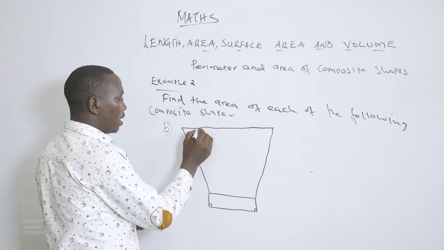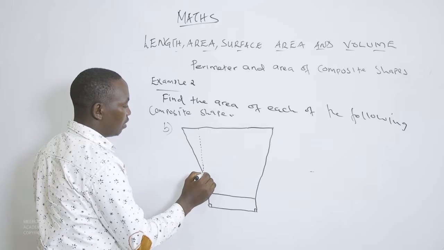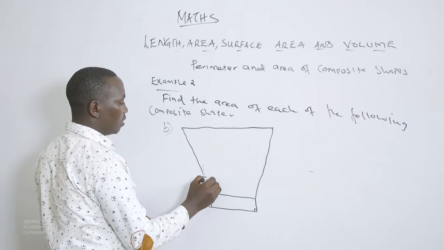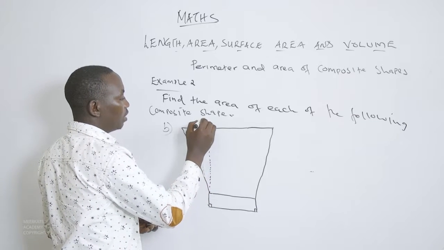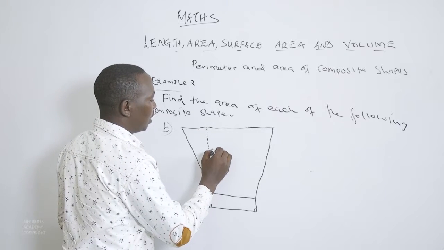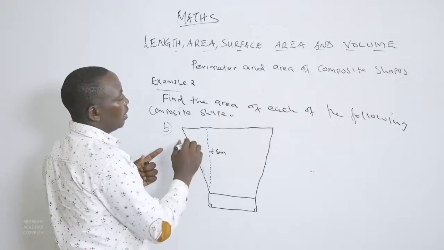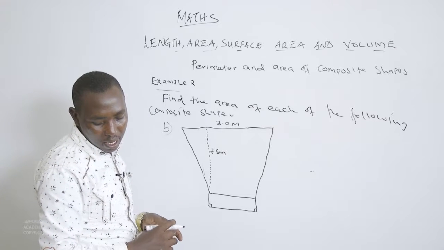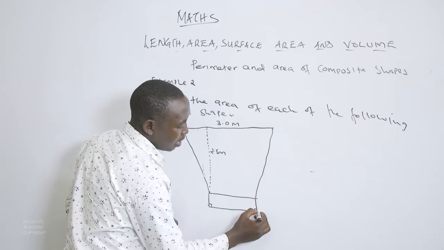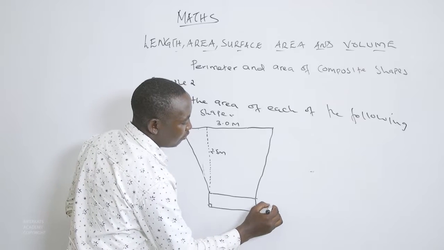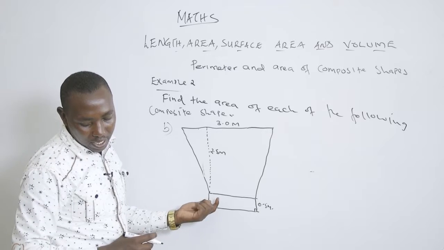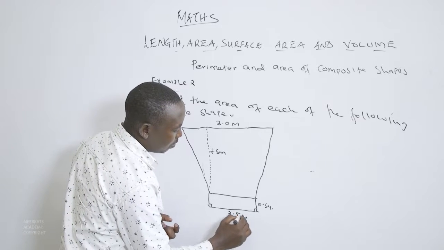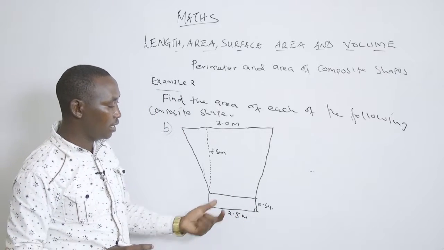We are also told that the perpendicular distance from that particular point to this particular point is 2.5 meters, and that this distance is 3.0 meters, and that this distance from here up to there is 0.5 meters, given that also this one is 2.5 meters, the bottom, or this other figure.